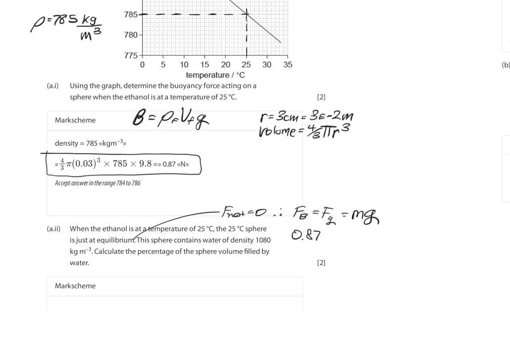So 0.87 newtons is mg, g being 9.81, of course, and so the mass of the water is about 89 grams. And so knowing the density of the water is 1080 kilograms per cubic meter, we can solve for the volume.